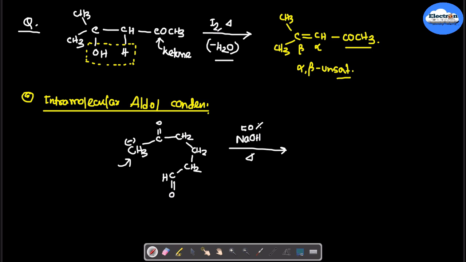Here a negative charge will form and it will form an enolate, and after that this carbanion will be attached to this aldehyde group, and a cyclic compound with 6 carbon atoms, 1, 2, 3, 4, 5, 6, a cyclic hexagon, will form.